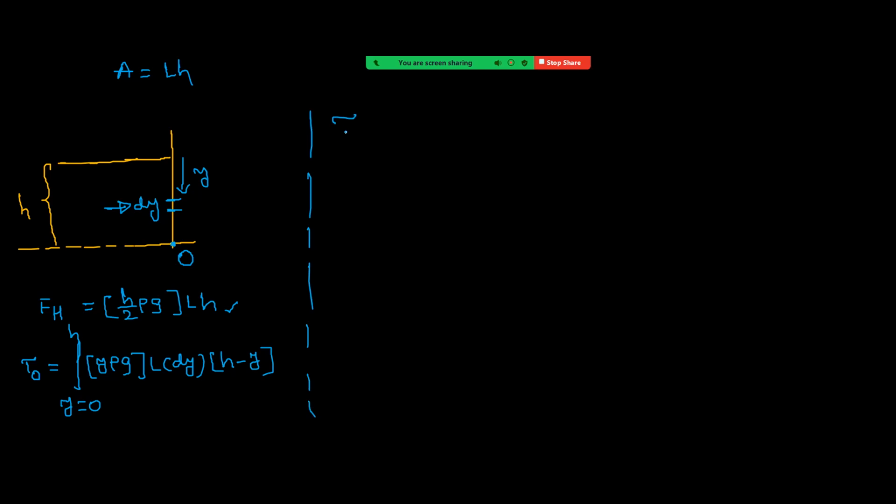So torque about O is equal to, let us take first of all constants outside. Constants rho g L taken outside. Remaining is the integral of y times (h minus y) dy, that is, h y minus y square dy.